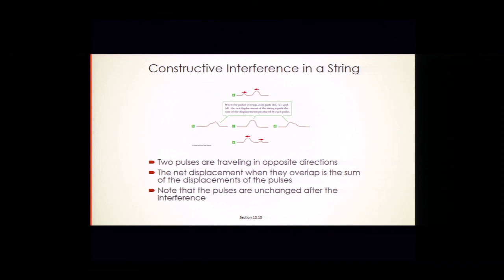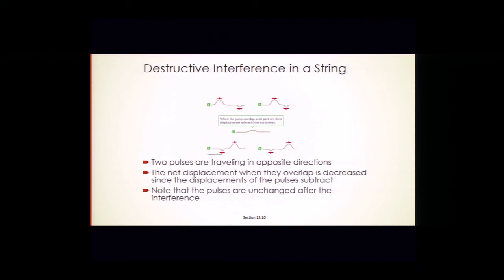So we actually use this to our advantage. So destructive interference works the same way. I can still have my pulse, and I'm actually going to see a wave that's canceling each other out. So we get that destructive interference.